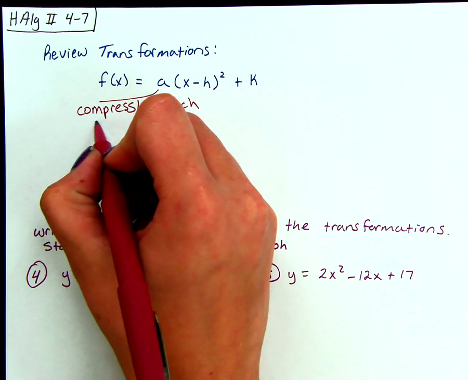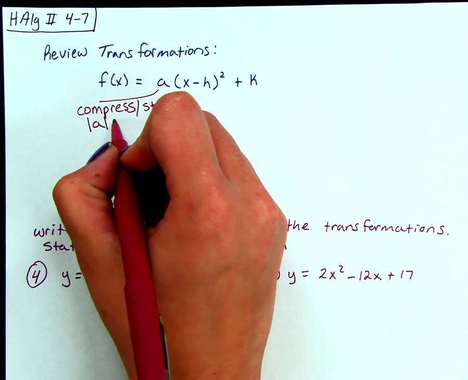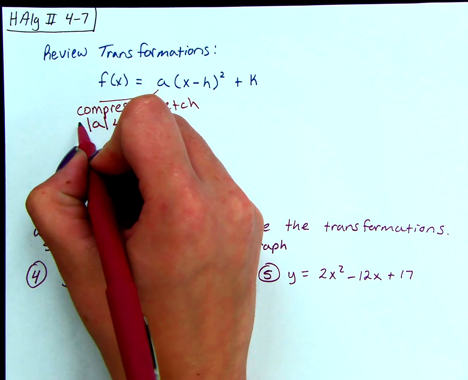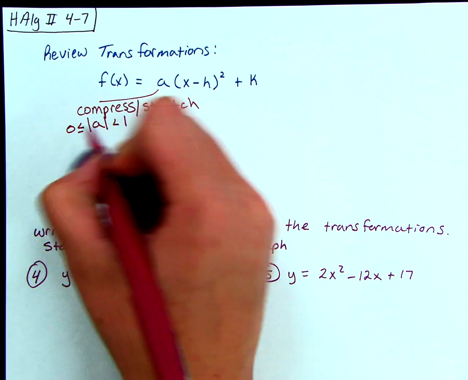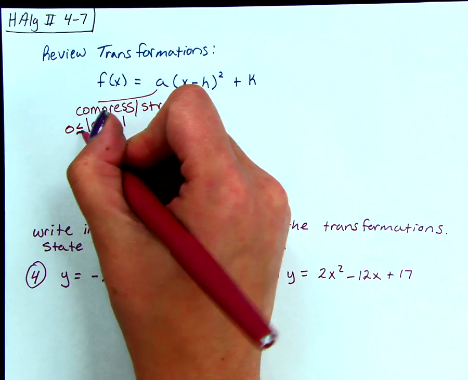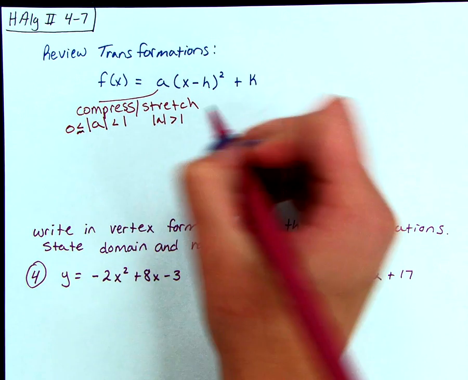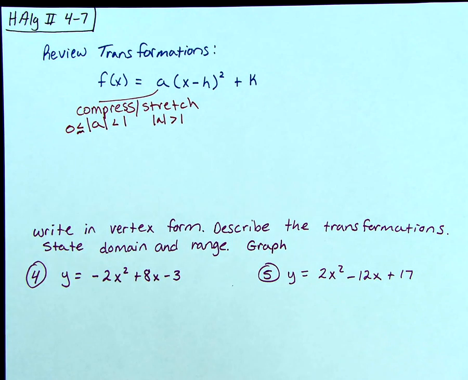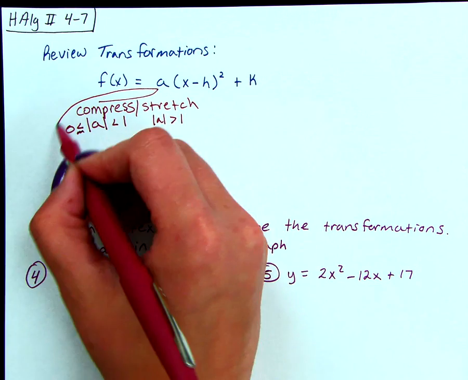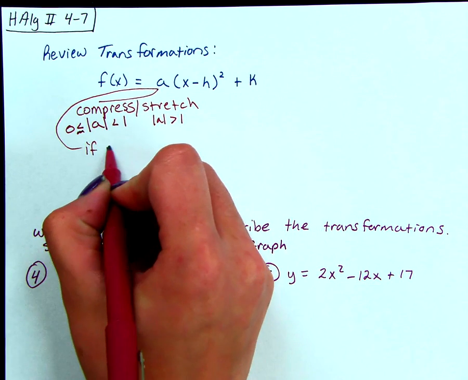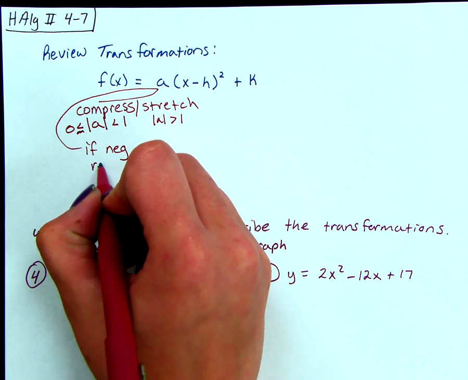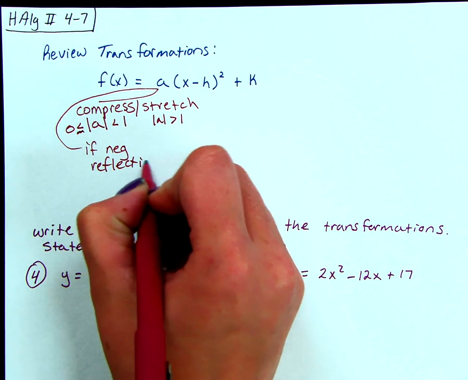So the absolute value of A has to be less than 1, but bigger than 0. And then for the compression, it has to be bigger than 1. So that makes our graph steeper. And then A, if it's negative, will be a reflection. So it's going to make our graph open down.